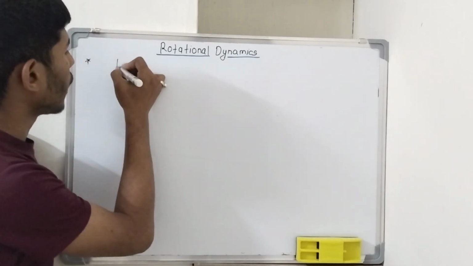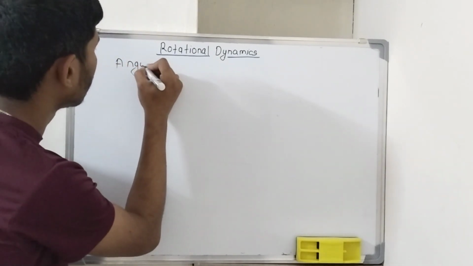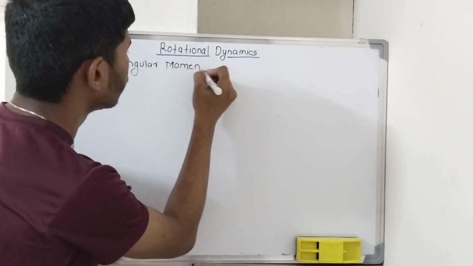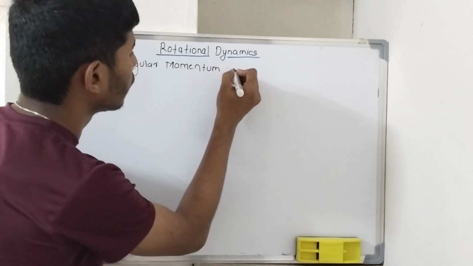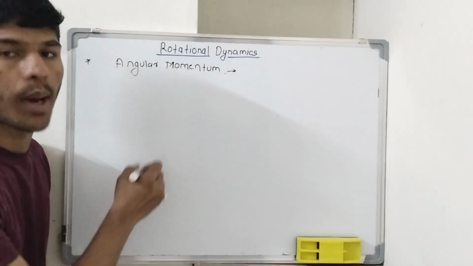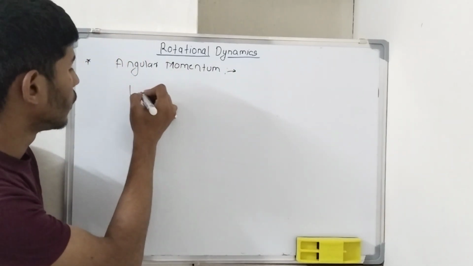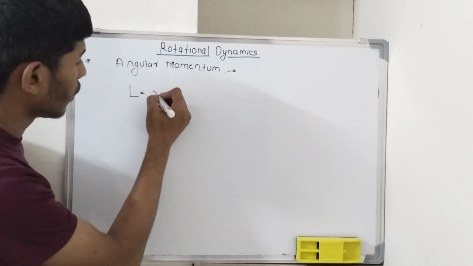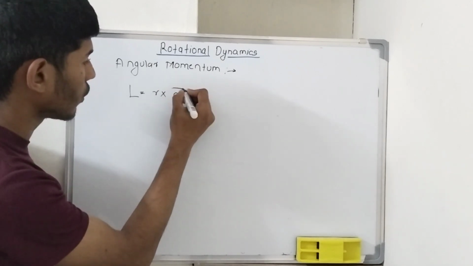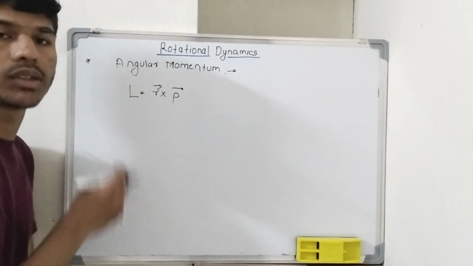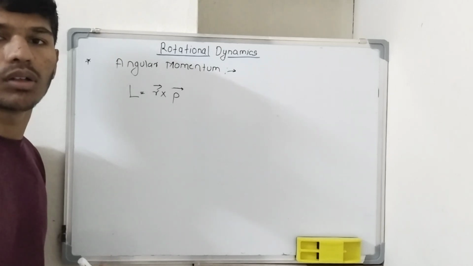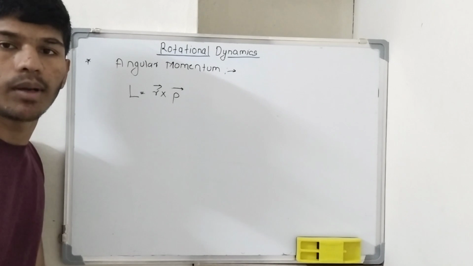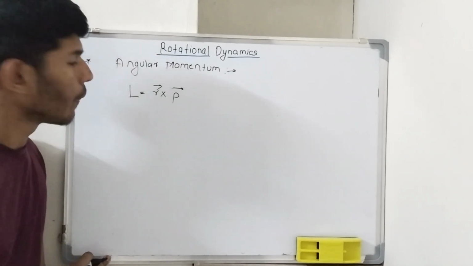We know that angular momentum is denoted by L, and the formula for angular momentum is R bar cross P bar, where R bar is the position vector, or sometimes we call it the radius vector, P bar is the linear momentum and L is the angular momentum.